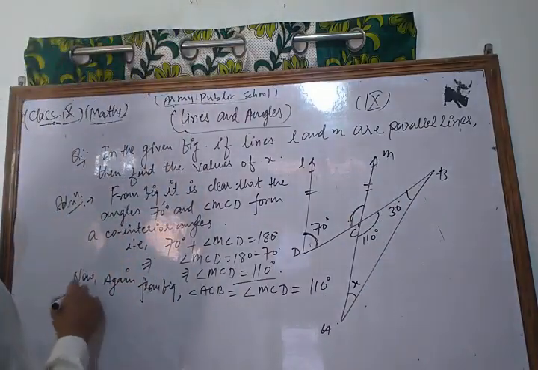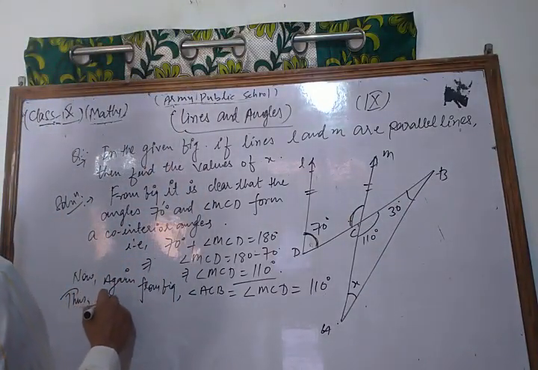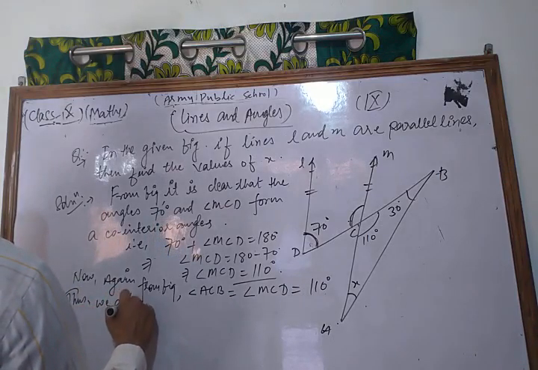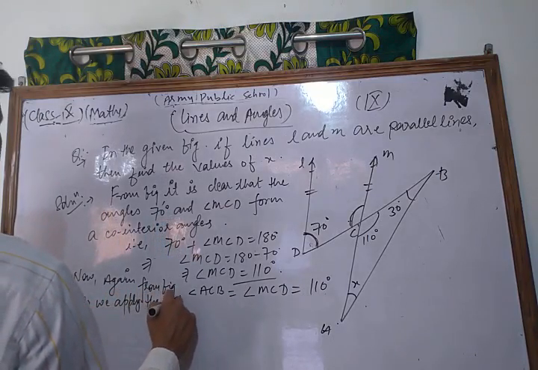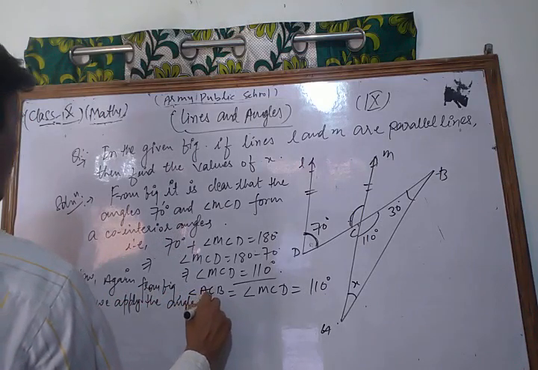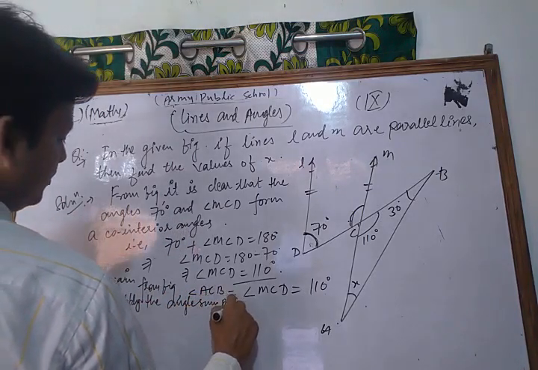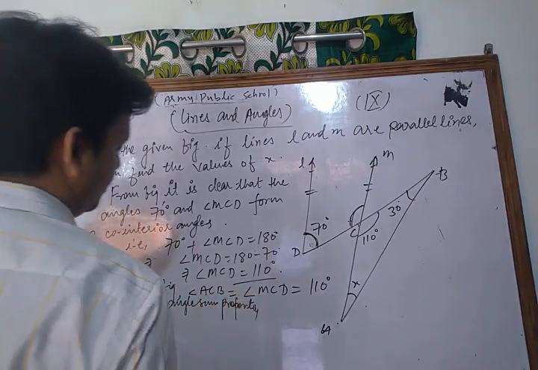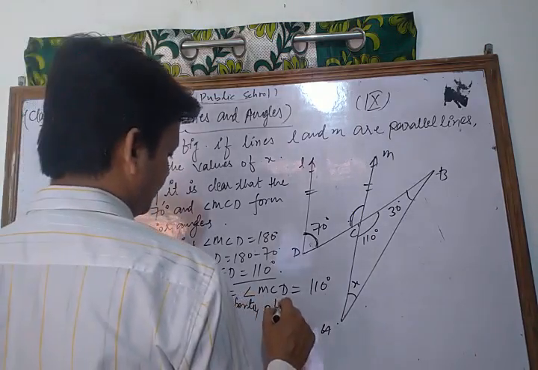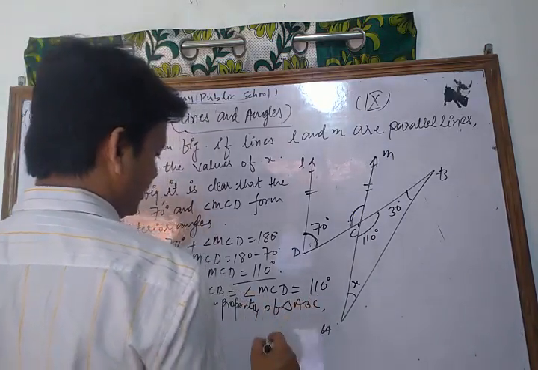Thus we apply the angle sum property of triangle ABC.